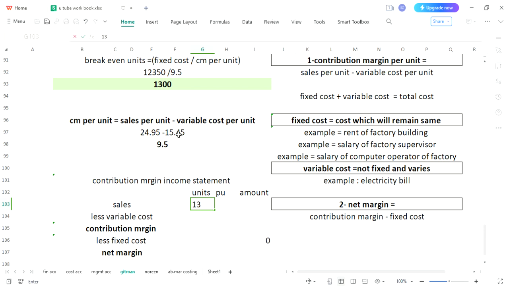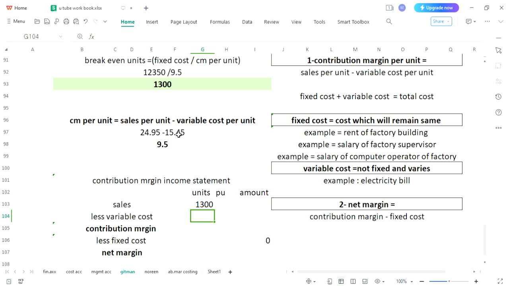Now please keep it in your mind, if you have 1300 number of units for sales, it would always be similar for variable cost and for contribution margin. It's a simple concept. If you will sell 1300 units, it means those 1300 units were manufactured. Is it possible that you are manufacturing 1000 number of units and you are selling 1300? It's impossible.